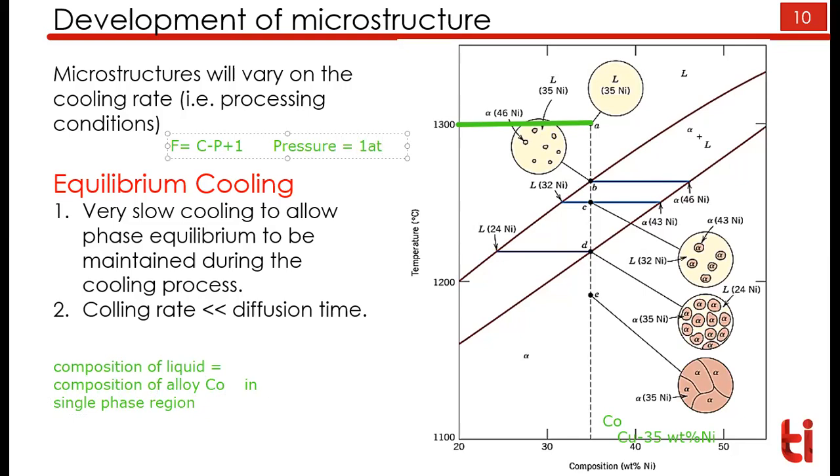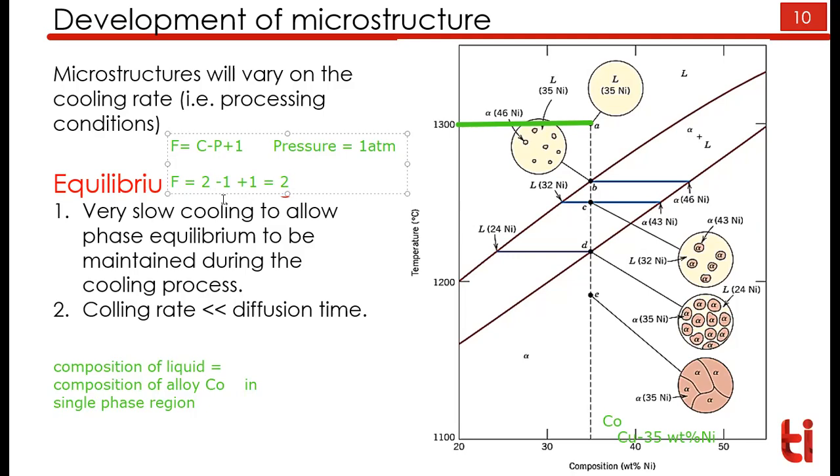In the single phase region, the number of components is basically 2, and the number of phases is 1. Sorry, I wrote that wrong. The number of phases is 1, single. So the degree of freedom is 2.